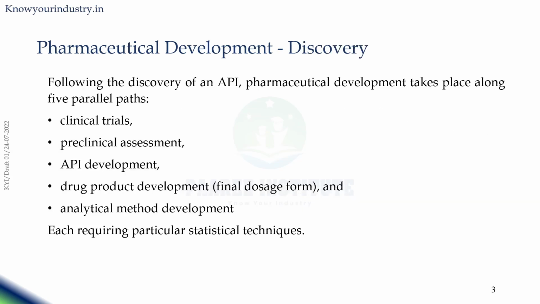In pharmaceutical development, in discovery research, where a new drug or new active pharmaceutical ingredient is developed, the discovery process takes place in 5 parallel paths. That is the clinical trials, the API development, the preclinical assessment, the drug product development, that is the final dosage form, and the analytical method development.